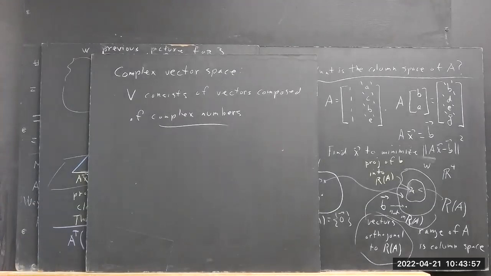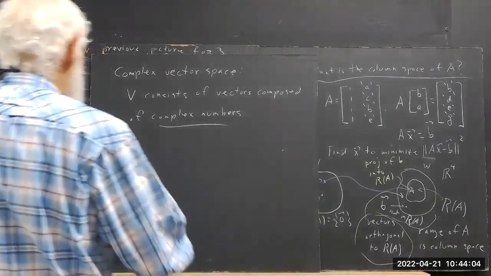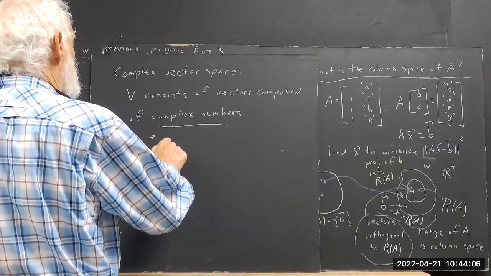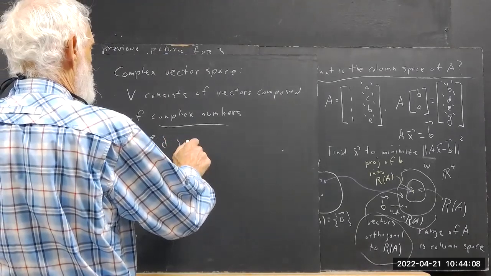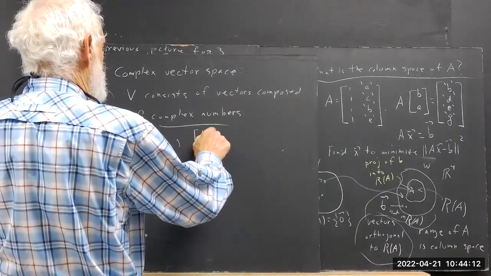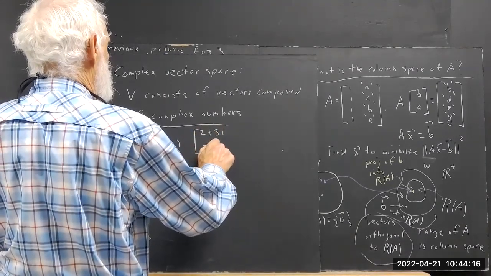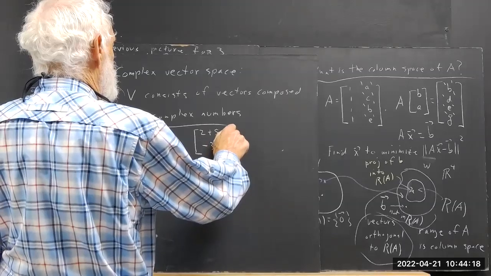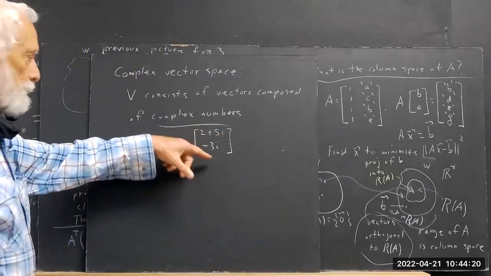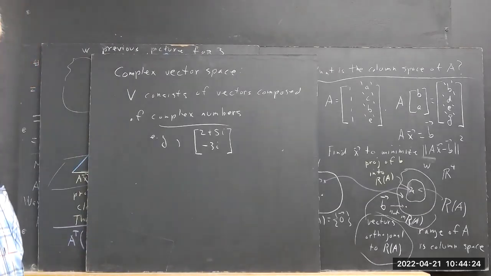A complex vector space consists of vectors composed of complex numbers. So for example, that would be a two-dimensional vector composed of complex numbers.